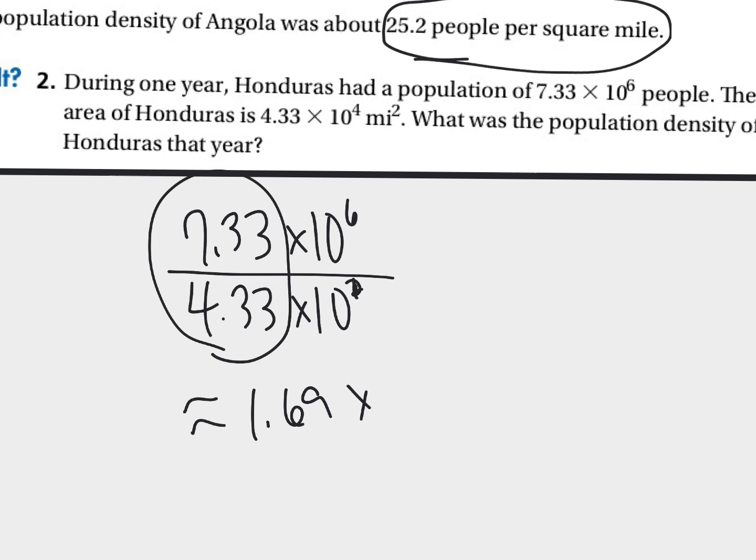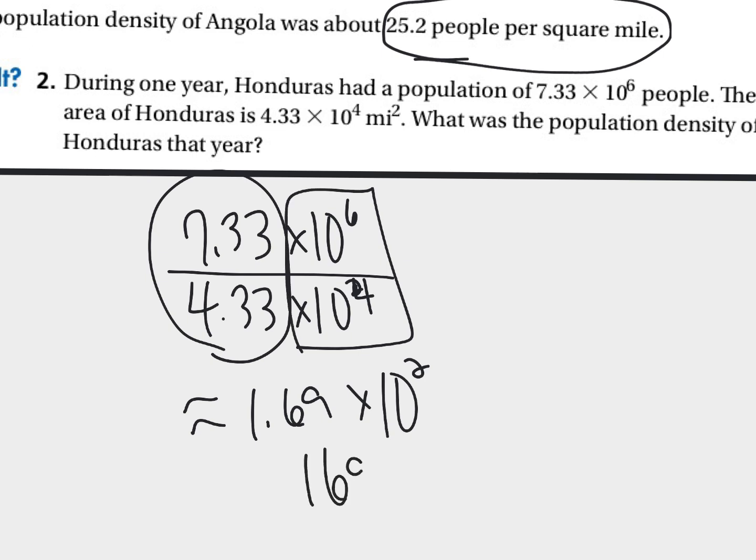I'm sorry, this should have been 10 to the 4th in the denominator. So this would be 10 squared, and then that would be about 169 people per square mile.